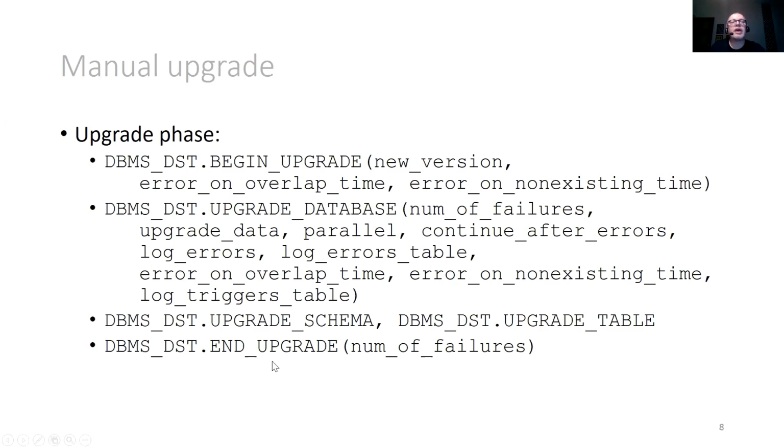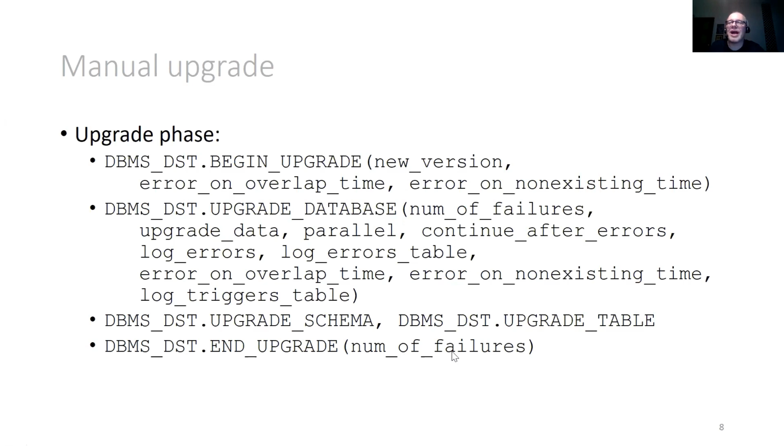And then at the end, you can actually end the upgrade, passing again a variable where you get the number of failures in this whole process. If the value returned is 0, then the upgrade phase actually finished properly.